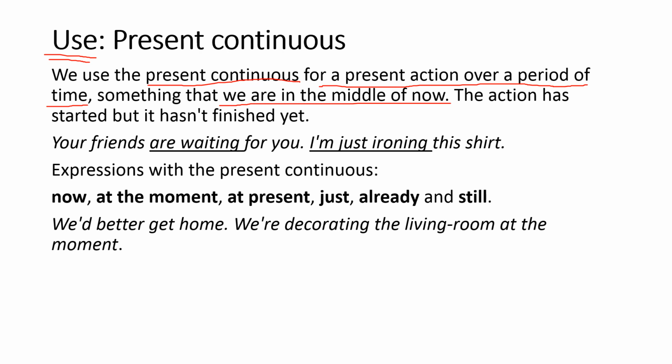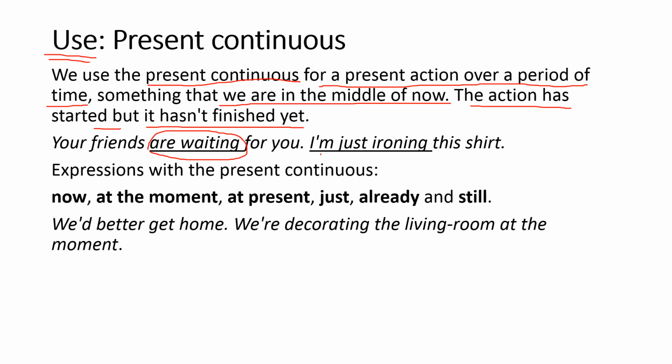This means that this action has started, but it hasn't finished yet. Let's look at this example. When you say, your friends are waiting for you, this means that your friends are in the middle of the action of waiting. They started waiting, but they haven't finished yet.